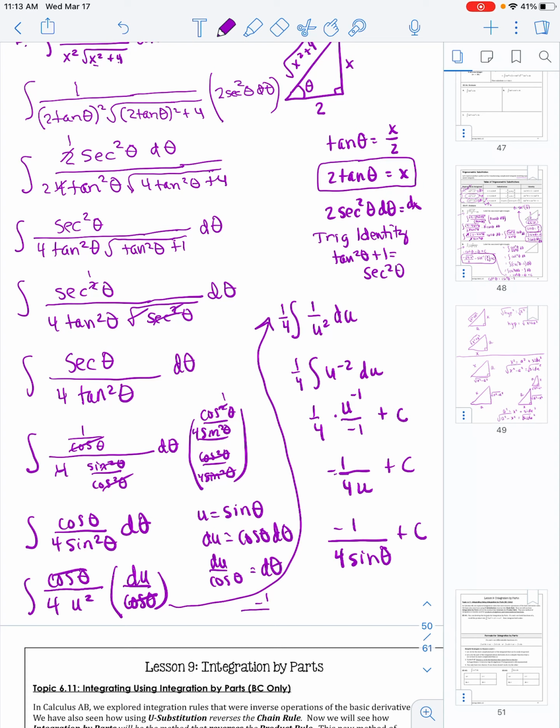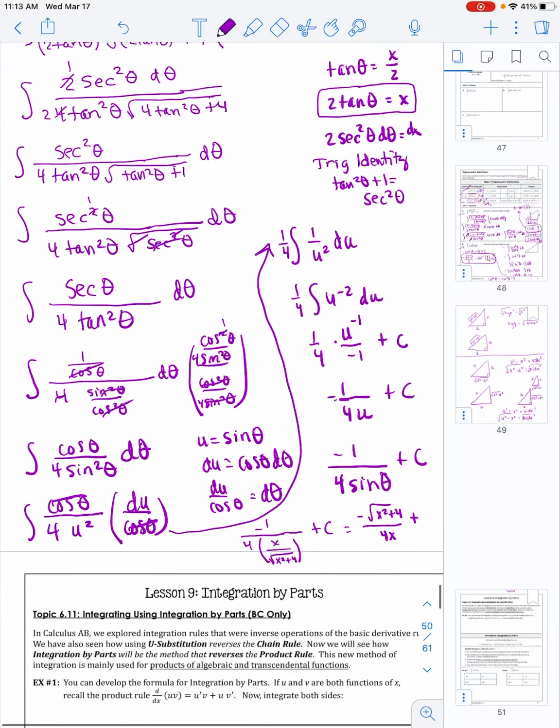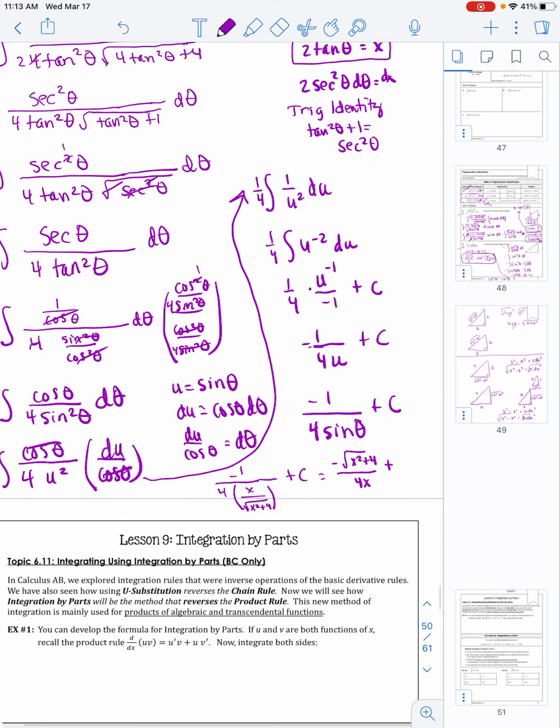So if we had negative 1 over 4 times x over the square root of x squared plus 4 plus c, this is going to become negative square root of x squared plus 4 divided by 4x plus c. Oops, sorry. It doesn't like me to write right there or something. There's c.